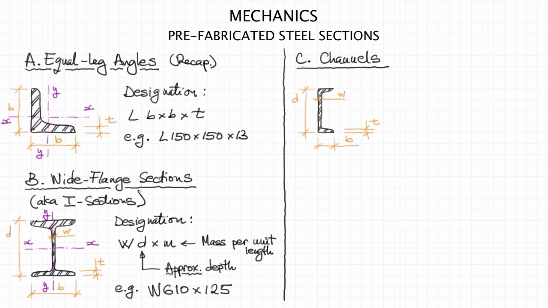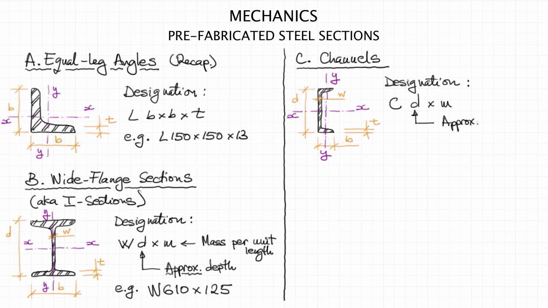Again, the designation will start with capital C, which indicates a channel, and then two numbers which have the same meaning as for wide flange sections. So the first one represents the approximate depth of the section, and the second one is the mass in kilograms per unit length, per meter of the section.